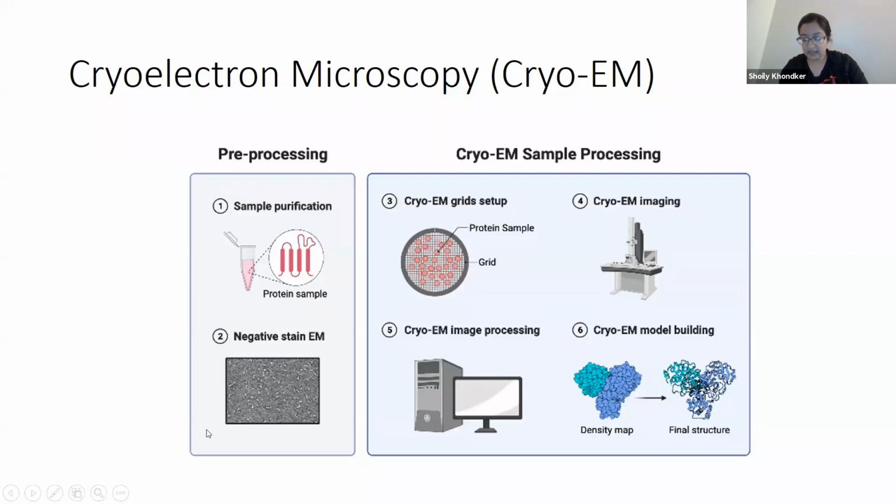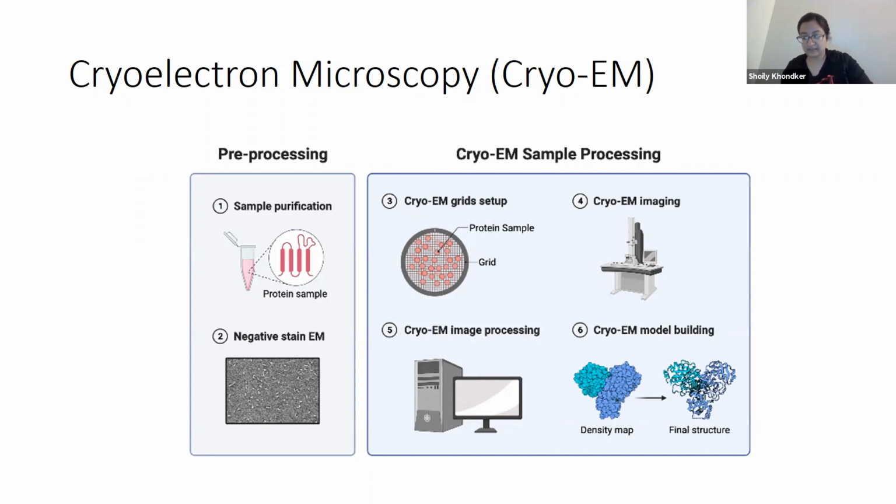This sample is then suspended onto an electron microscope grid, and it forms a thin film on the grid. The specimen is then rapidly frozen using a coolant, and the hydrated cryo-EM then allows for visualization of the molecule itself rather than a negative stain.